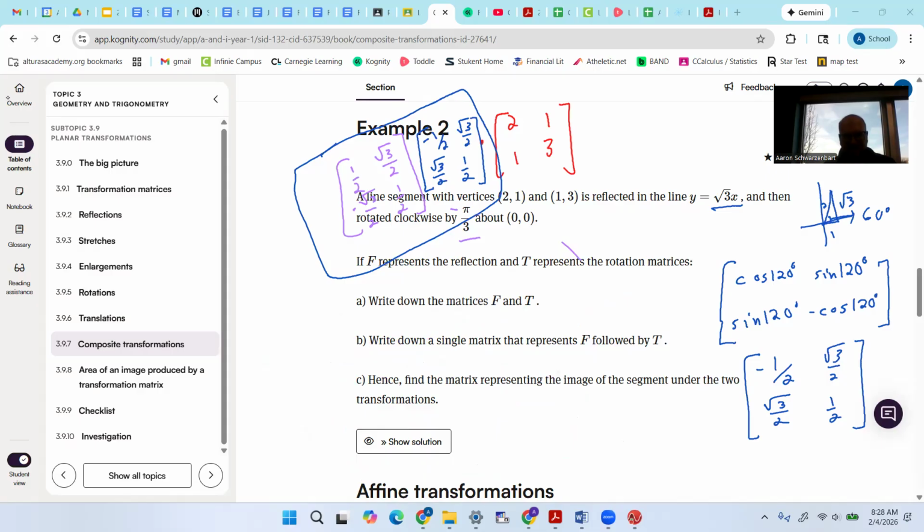If you're applying the transformations first to the points, you have to work the ones closest to it. Yes, translations just add to the end.